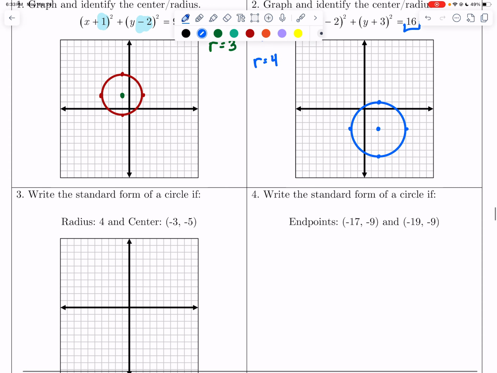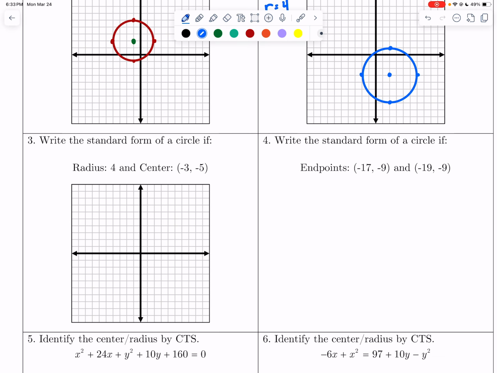Now for number 3, they already gave me the radius and they already gave me the center. What I want to do is write the equation. So let's write the equation. We're just going to do the opposite. So we're going to have (x + 3)² + (y + 5)² = r². Since my radius is 4, I get 16. I'm going to graph it. So I'm going to go left 3 and then down 5, because that's what my center is.